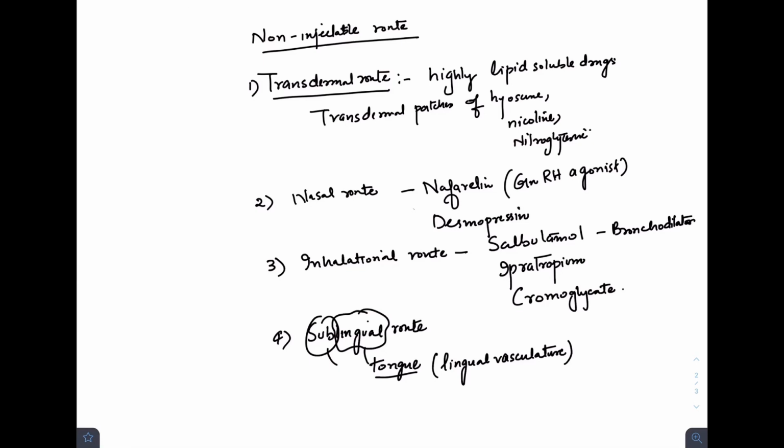So the beauty of this route is that we are bypass the liver, and my drug will be in the same form in which I gave it, with the same bioavailability. So I can use it directly in emergencies.